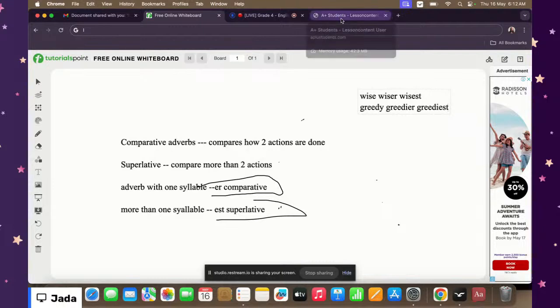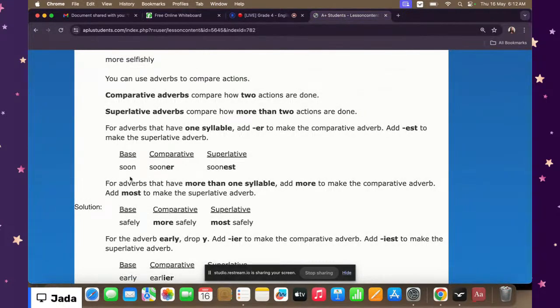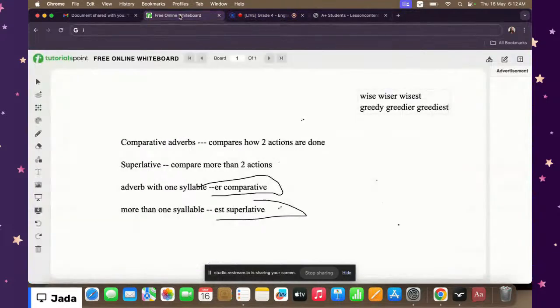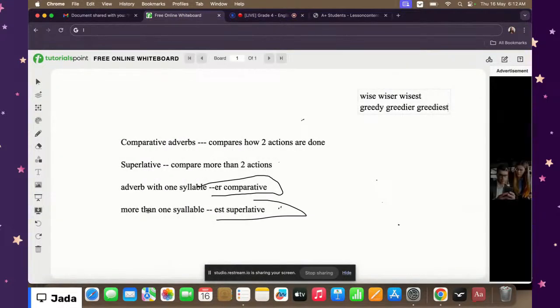And then also, for adverbs that have more than one syllable, add more to make the comparative adverb, add most to make the superlative adverb. So now, if the adverb has one syllable, all these are the ones with one syllable, okay? If they have one syllable, you need to add er and est.